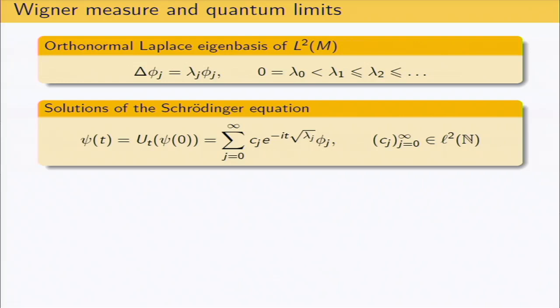So the Laplace eigenfunctions correspond to the stationary solutions of the Schrödinger equation. The moving waves can be combined from these standing waves. That also shows how significant these phi j's are. The densities of these phi j's describe the probabilities of the standing waves that don't move around.